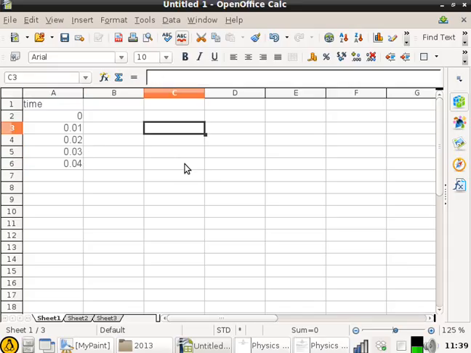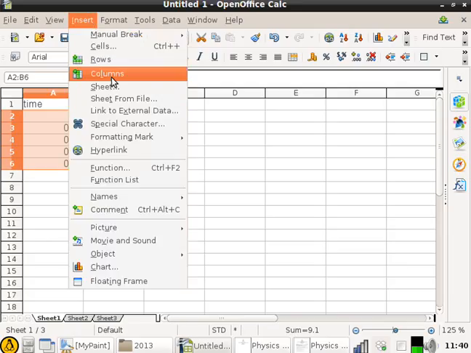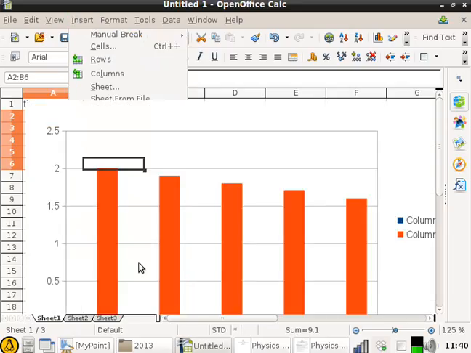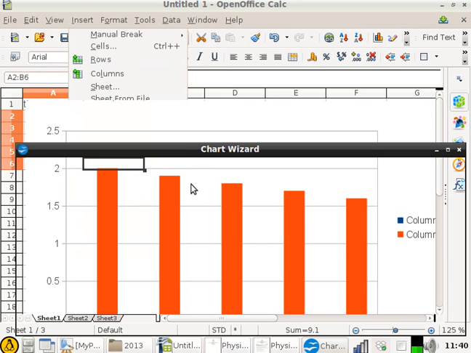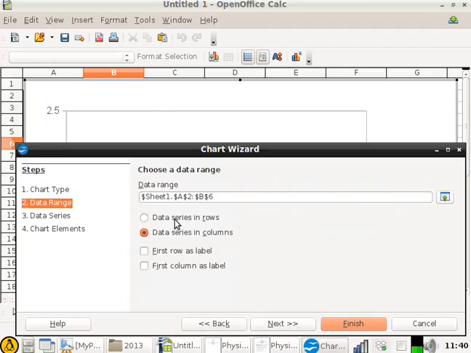And my current, 2, 1.9, 1.8, 1.7, 1.6. Okay, and now I'll draw my graph. Insert chart. Scatter. That one there.